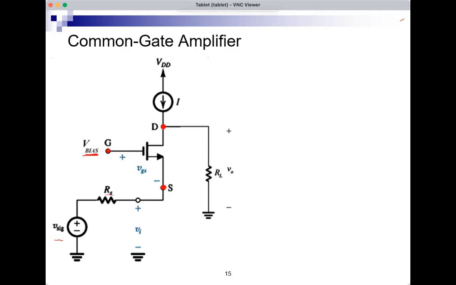And the way we bias it, we make sure that it has large DC VGS and large DC VDS. So V bias here, this voltage and this DC current source, they set the proper bias conditions so that the MOSFET is in saturation.